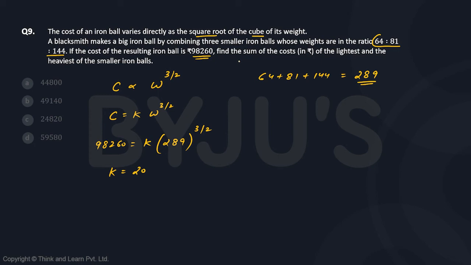Now the question is asking, find the sum of the costs of the lightest and the heaviest of the smaller iron balls. The lightest weight was 64 and the heaviest weight was 144. So we have to find the combined cost of these two.